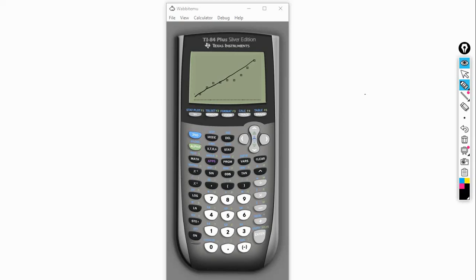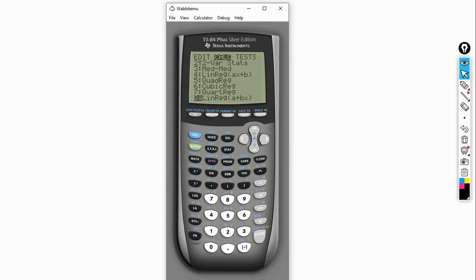To do that, we need to go to Stats. Let's click on Stats and then Calculate. You're going to scroll down to where it says Linear Regression, but not number 4, because this is not the linear regression for stats. We want to go down to number 8, and notice that it says Linear Regression A plus BX. A would be the y-intercept and B would be the rate of change. But this is for statistics.